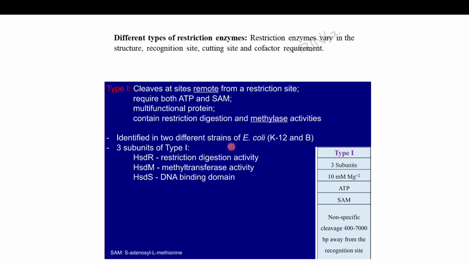It has been identified in two different strains of E. coli, K12 and B. We saw EcoRI from the RY13 strain; there are multiple strains of E. coli.